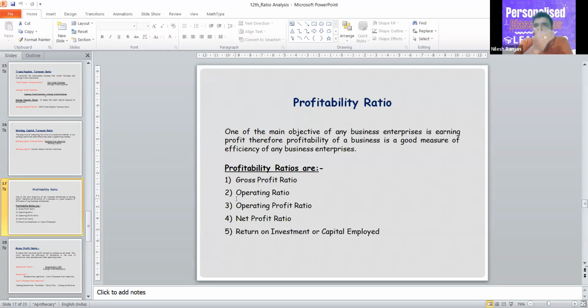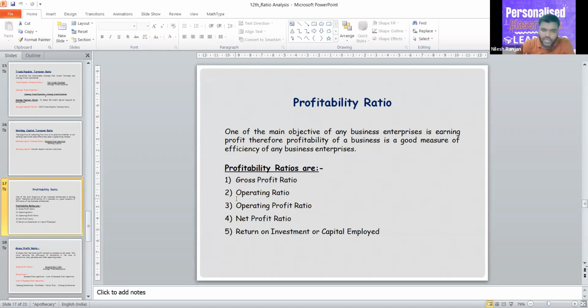If you compare your profit with total expenses in comparison to revenue, you will get a higher ratio. So it is not viable to calculate our profitability ratio on the basis of expenses.